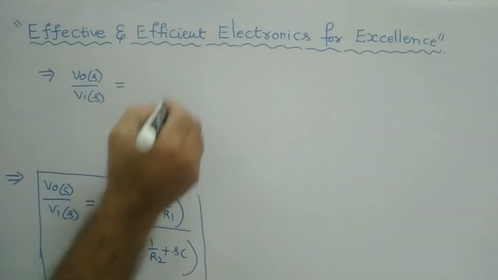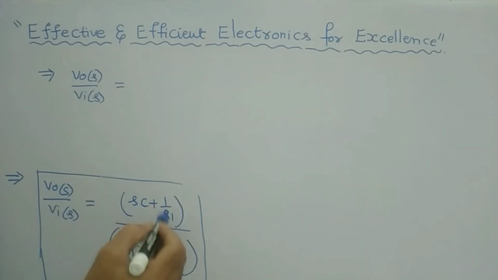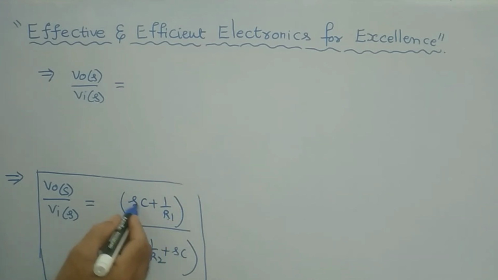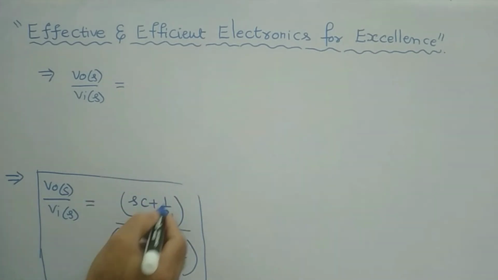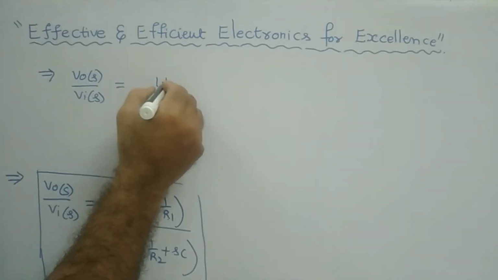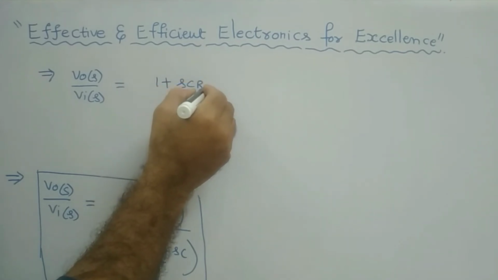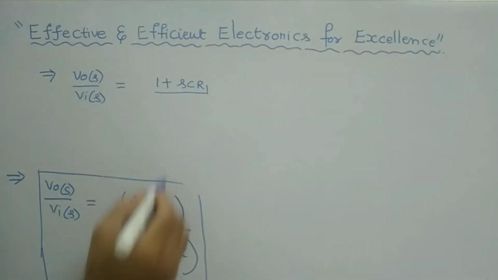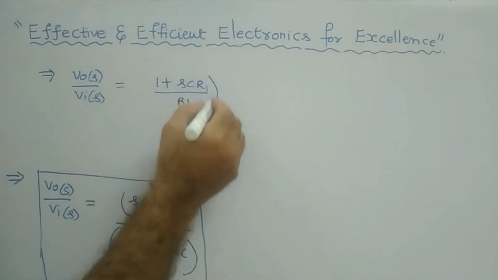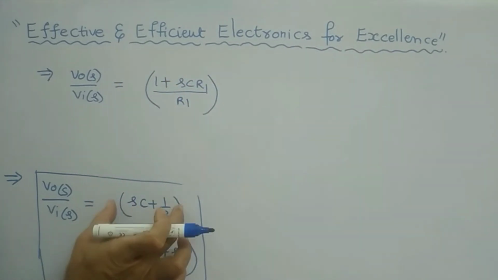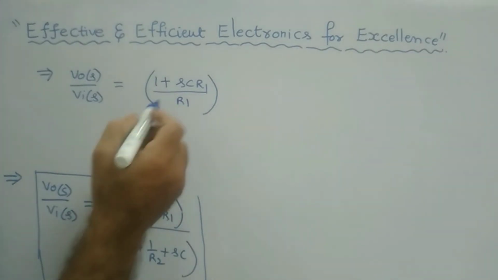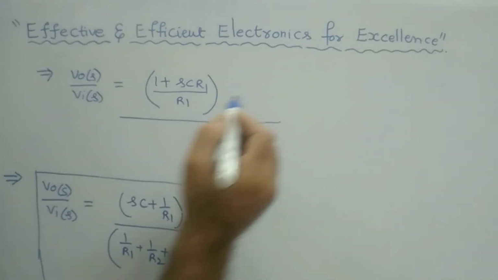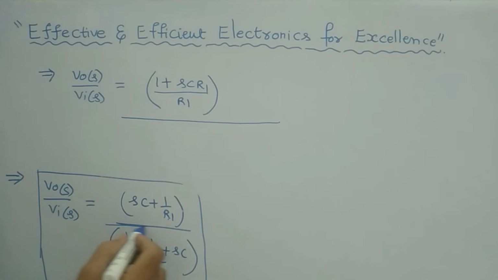then take cross multiplication. Then here if you simplify, what you will get, R1 into SC R1 plus 1, means you can write 1 plus SC R1. Can you write like that? 1 plus SC R1 by your R1 will be there in the numerator. If you simplify this part, R1 will come like this, by whole, means this by this particular.